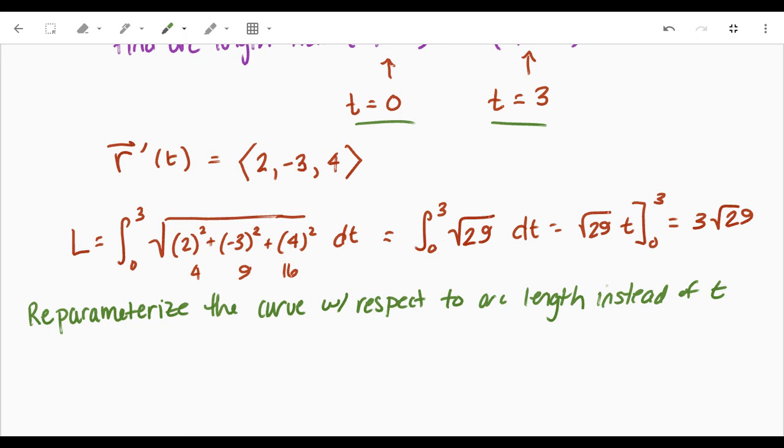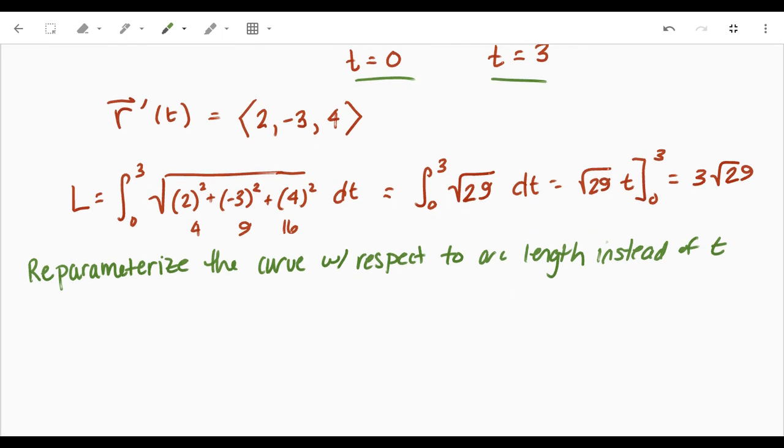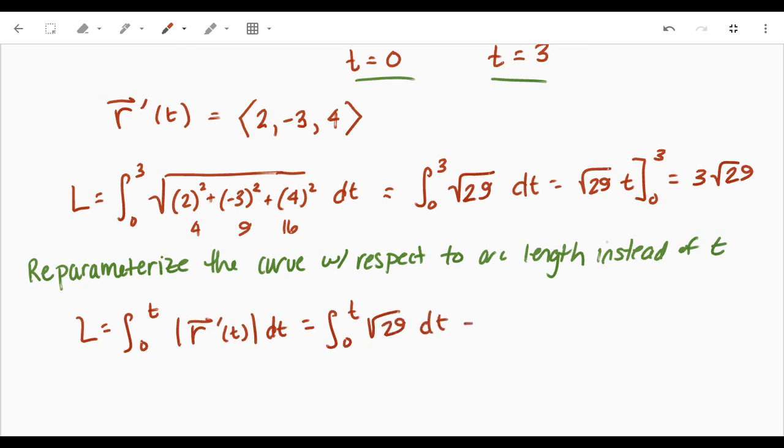So what we have here is we want to come up with this general arc length formula, which we almost have here. It would be the integral from 0 to t of the magnitude of r prime of t dt. So it would be the integral from 0 to t of the square root of 29 dt, which would be square root of 29 times t.